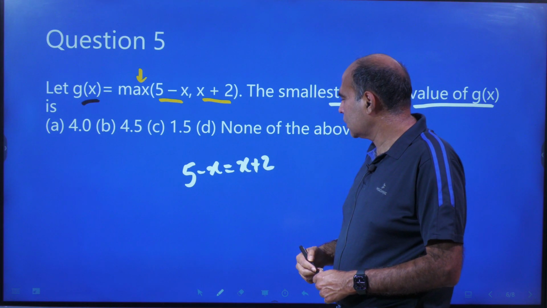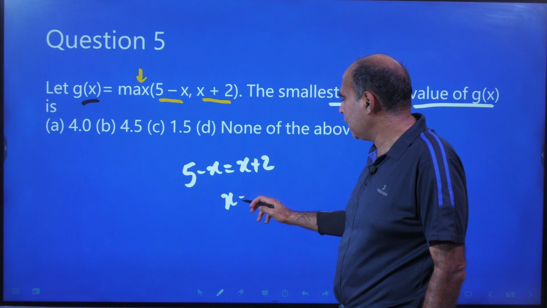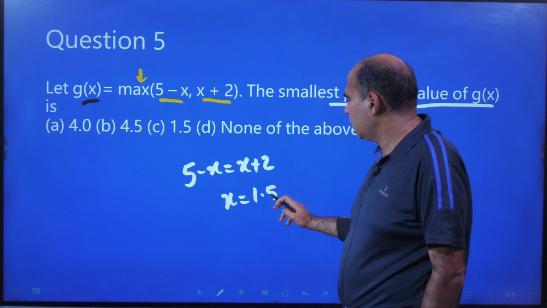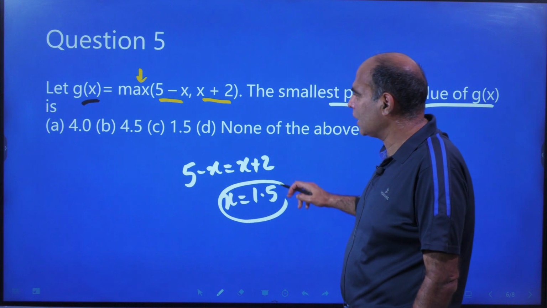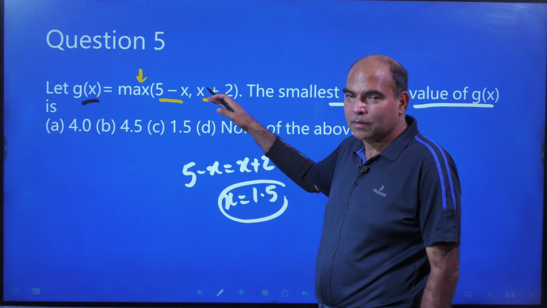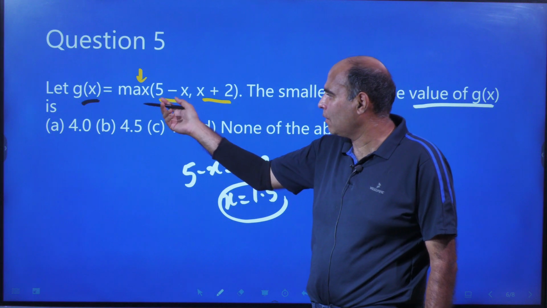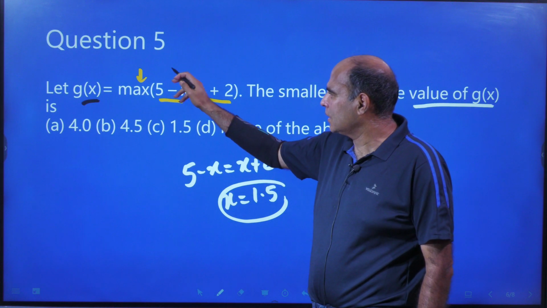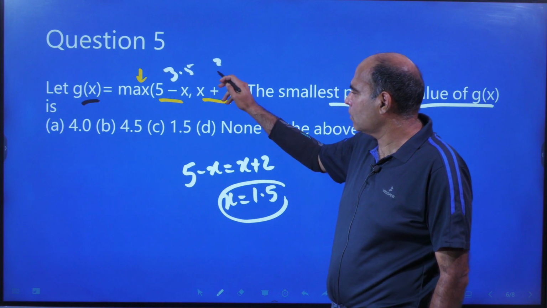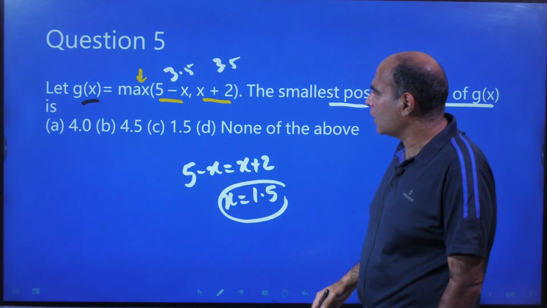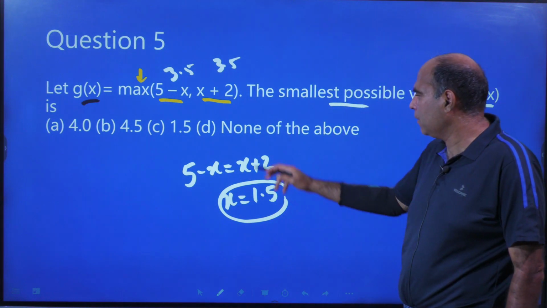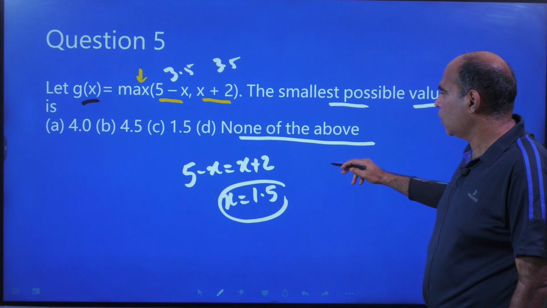If you solve this, you'll get x is equal to 1.5. That's the value of x at which the intersection point of these two graphs happens. And the value of g(x) can be got by putting x as 1.5 to get this as 3.5 and this also as 3.5. So the correct answer to this question is 3.5, which is option D, none of the above.